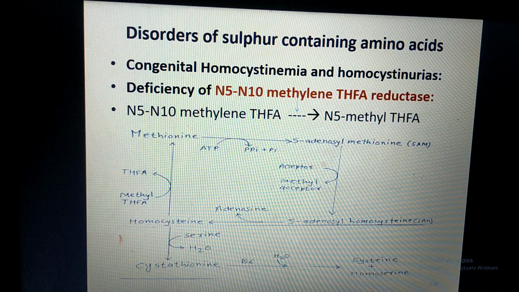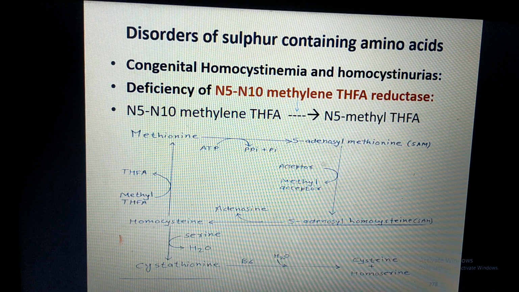So we have seen in the cycle N5-methyl tetrahydrofolate acts as a methyl donor in SAM cycle where homocysteine is converted into methionine. But this methyl tetrahydrofolate is formed from methylene tetrahydrofolate, and for this conversion the enzyme methylene tetrahydrofolate reductase is required.